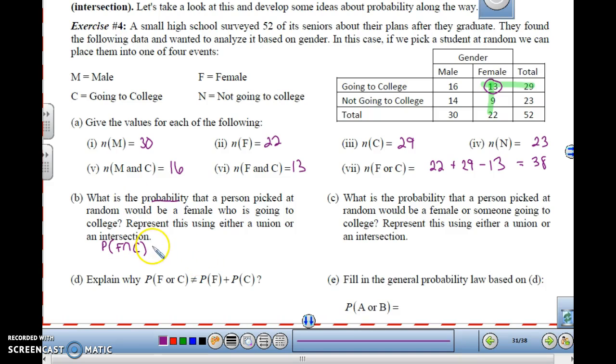It's the number of females and college out of the number in total. There were 52 students total. And what was the intersection? Females in college was 13 out of 52, which is 1/4 or 0.25.